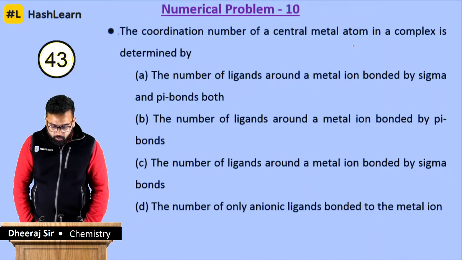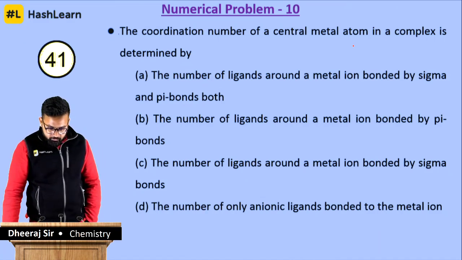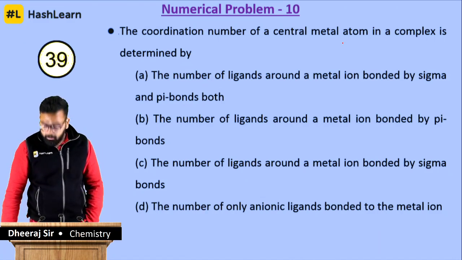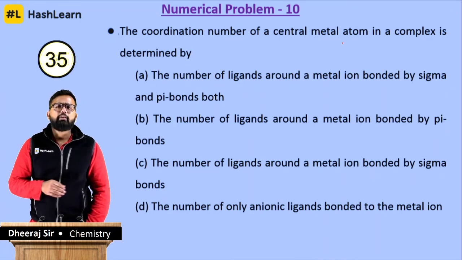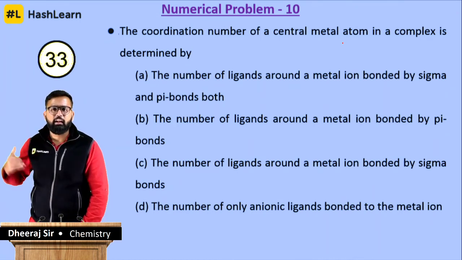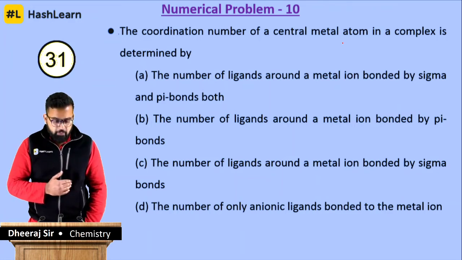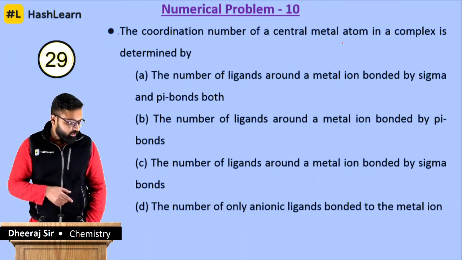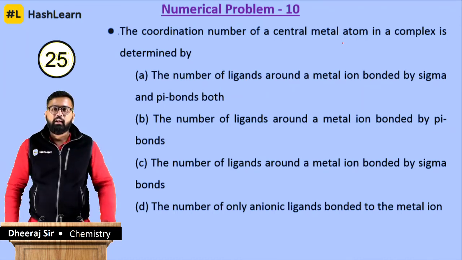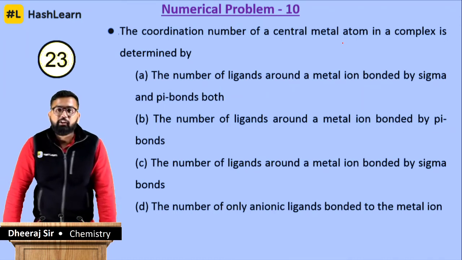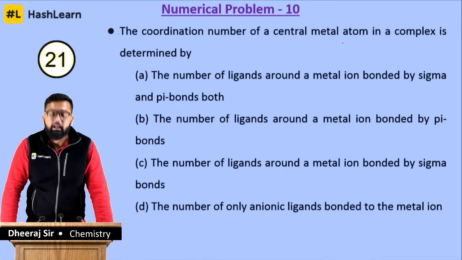The coordination number of the central atom in a complex is determined by. So always beware. Whenever you have solving type problems, you can do it in a jiffy. But whenever you have theoretical questions, you should give it a little time. So read the question in a very detailed fashion, so that you'll be able to ask questions if you have any, guys.